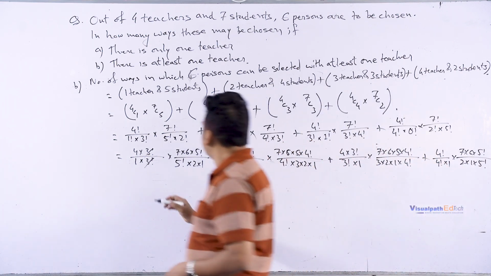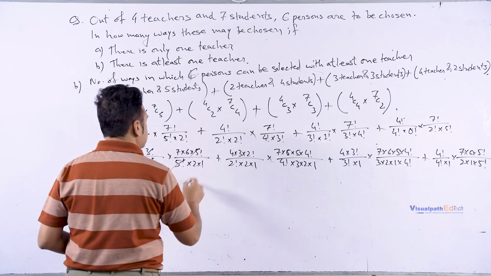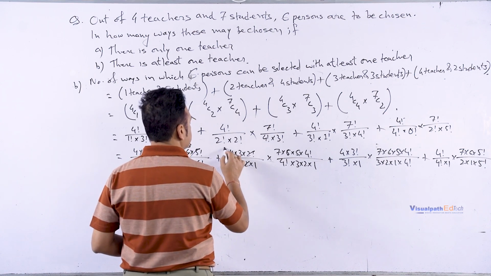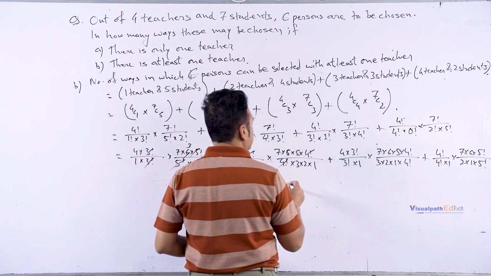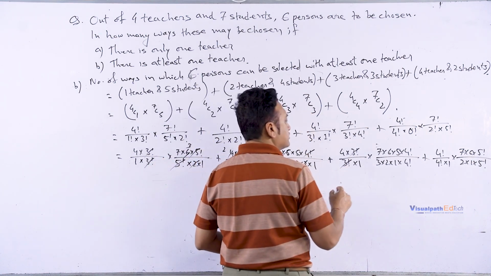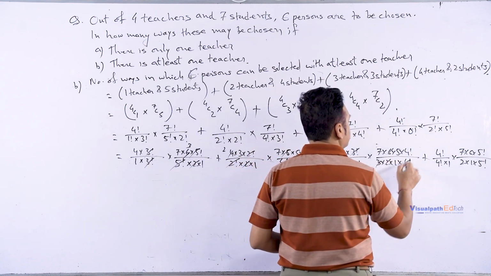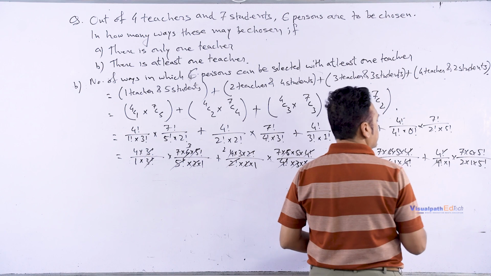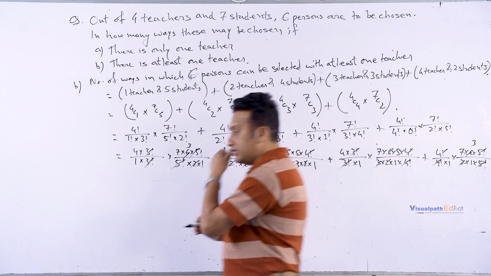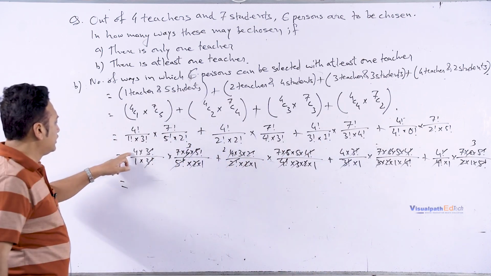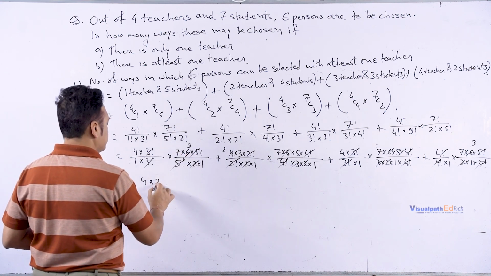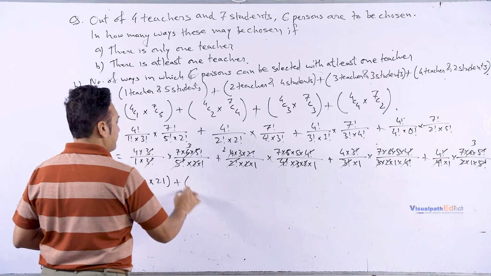Okay. Now, 5 factorial we can cancel, 2 3s are 6, 2 factorials we can cancel, 2 2s are 4, 4 factorial can be cancelled, 3 2s are 6 can be cancelled, 3 factorial can be cancelled, 3 2s are 6 is cancelled, 4 factorial is cancelled, 5 factorials are cancelled, 2 3s are 6. So, let us find out what is remaining. Here only 4 into, here it is 7 3s are 21 plus sign.